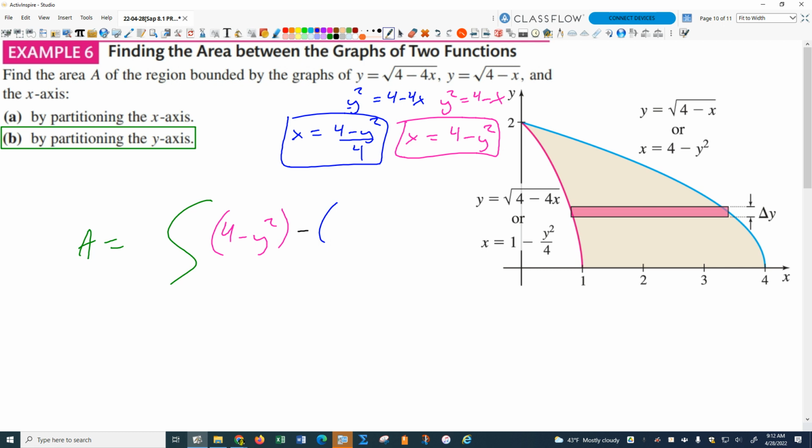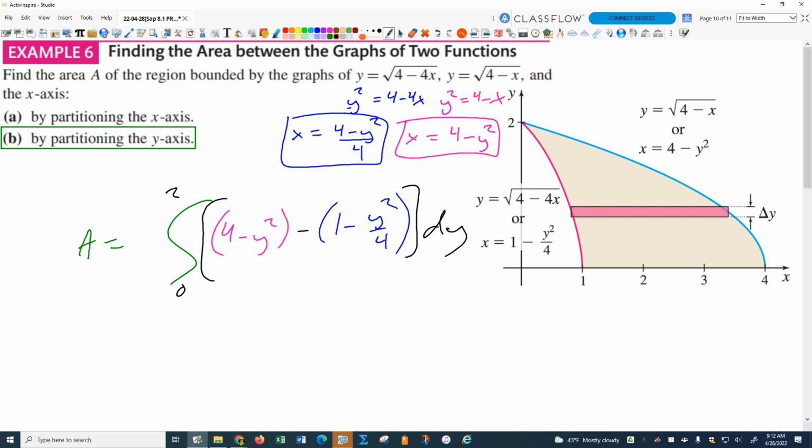We'll write it as 1 minus y squared over 4, how about? D what? dy. And what would my limits of integration be? Yeah. Now we're going bottom to top, and we just go 0 to 2.